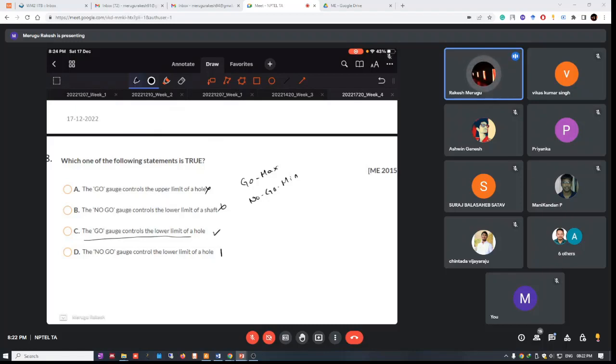The no go case controls the lower limit of the hole, which is wrong, right? No go case is for the minimum limit. Lower limit of the hole is maximum material limit. Yes, sir.